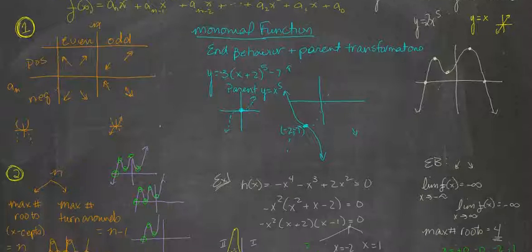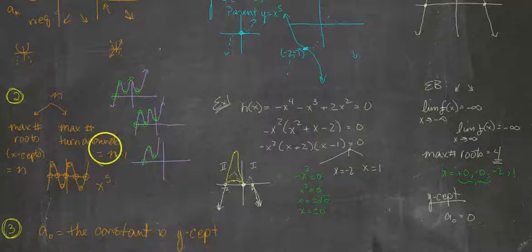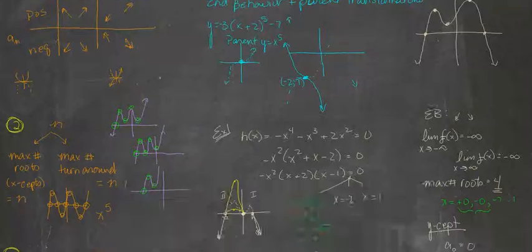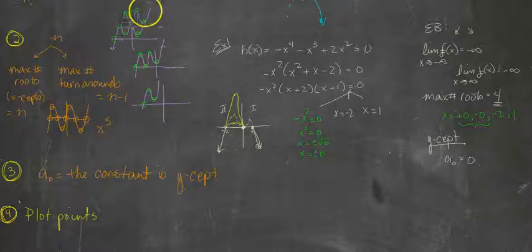The next thing we get from the polynomial is how many maximum number of roots and maximum number of turnarounds. Once you have that, then you can start looking at what must be happening in the graph somewhere.